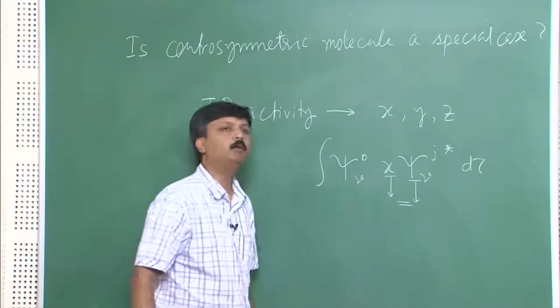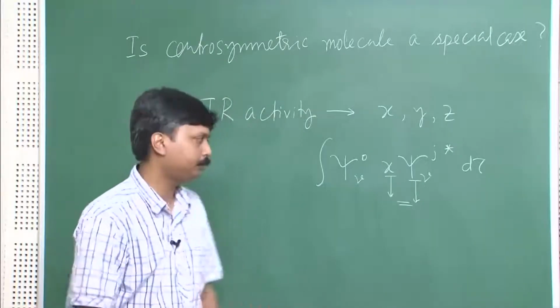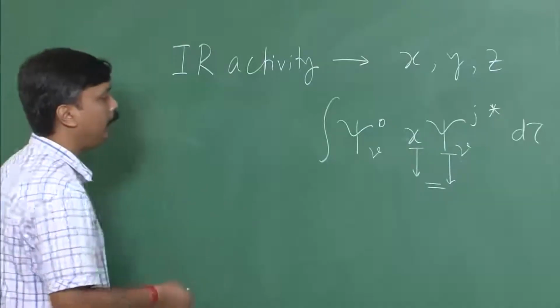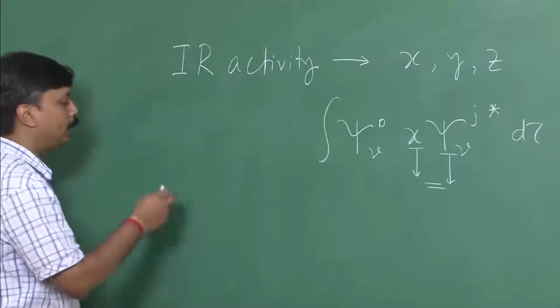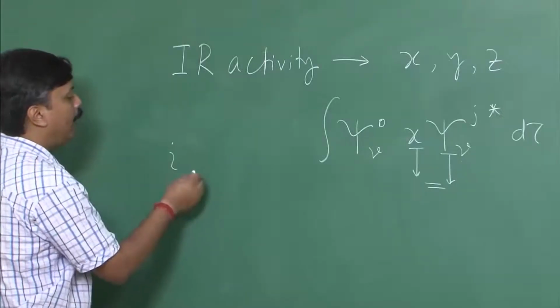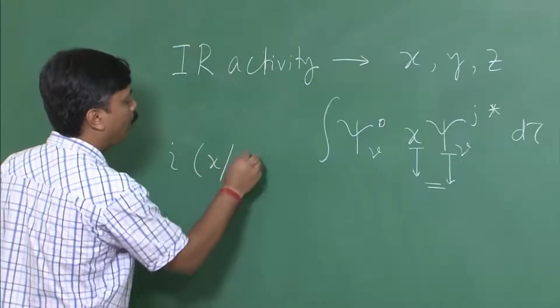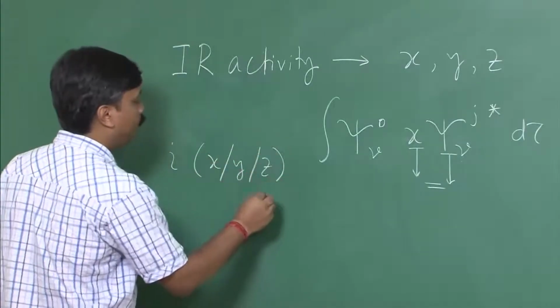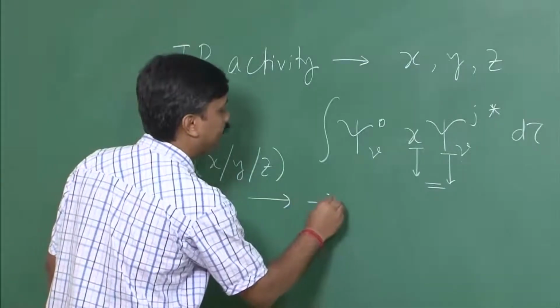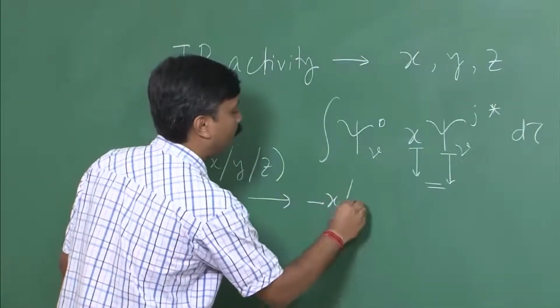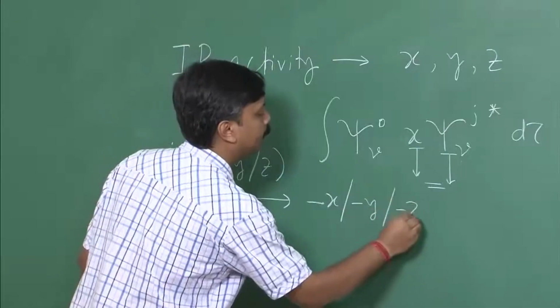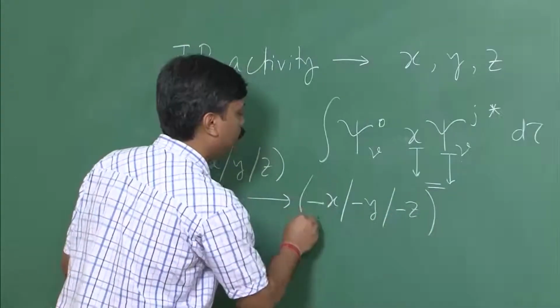So for a molecule which has a center of inversion, meaning I have an operation i, what will be the fate of this x, y and z? So when i operates on either x or y or z, we get either minus x or minus y or minus z, right?